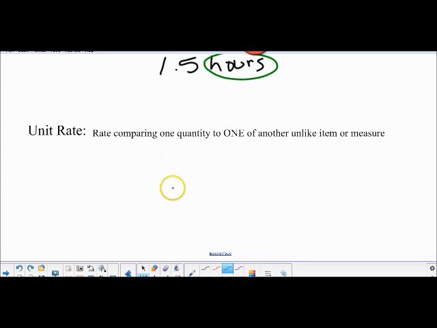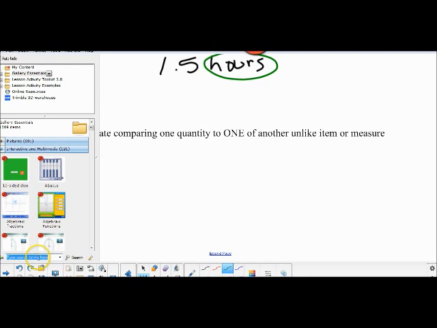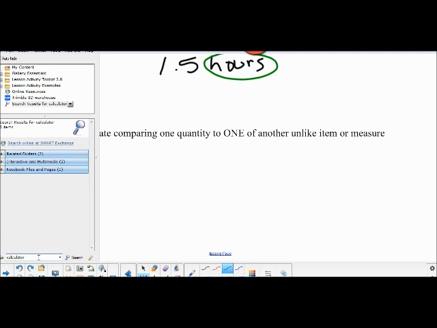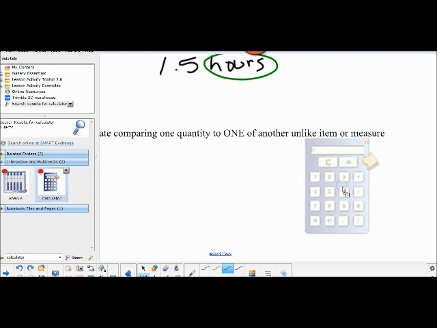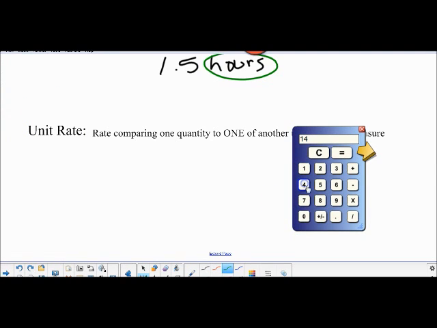So again, going back, if I'm going 14 miles in 1.5 hours, if I divide that out, 14 divided by 1.5, I think we would know that that would be 9.3.